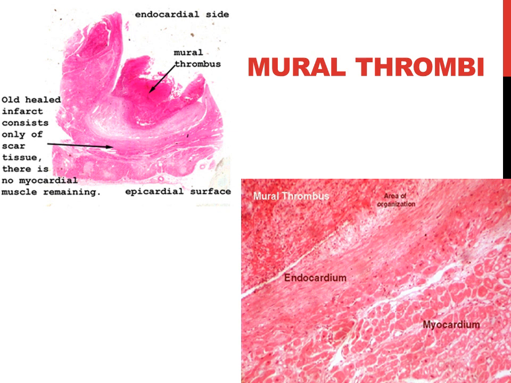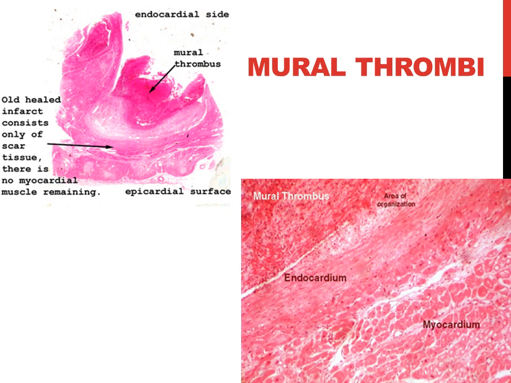There are two pictures on your screen, and both of them show the mural thrombus. If you look at the upper picture, you can clearly see that this is a heart chamber and a mural thrombus is present in the central portion of the chamber.